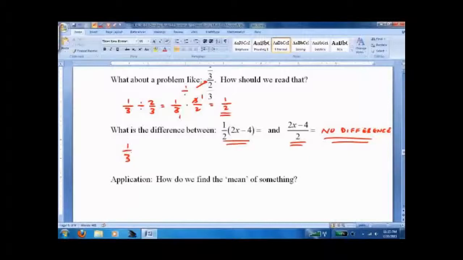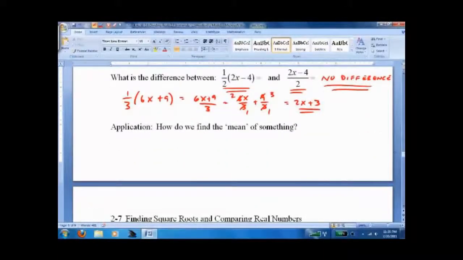If you have 1/3 times 6x plus 9, you could just write it as 6x plus 9 over 3, which is 6x over 3 plus 9 over 3. And get a lot of canceling here. Be the same as 2x plus 3. So don't be shy about changing those back and forth, whatever you're comfortable with.